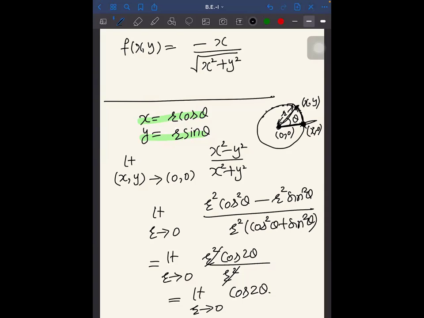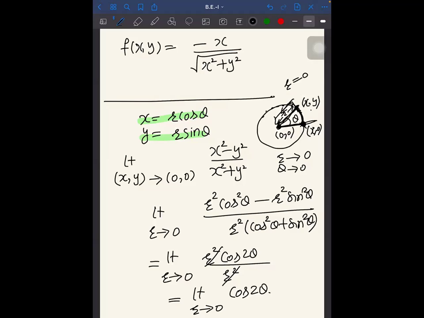So if you take θ to be 0, that doesn't take (x, y) to the (0, 0) point. So (x, y) will go to the (0, 0) point only if you take r to be 0. So that's why we are taking the limit r to 0 rather than saying θ to be 0, because θ 0 doesn't make it (0, 0). Are you getting this? Yes, sir.